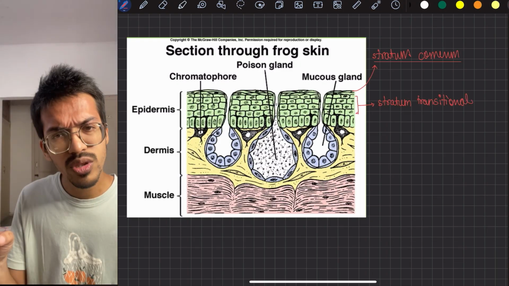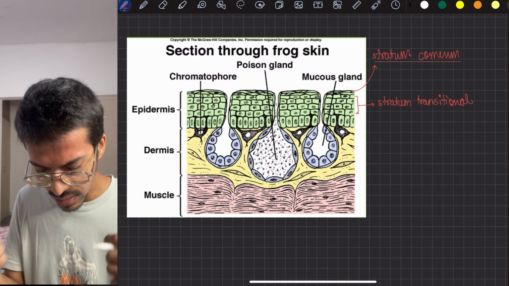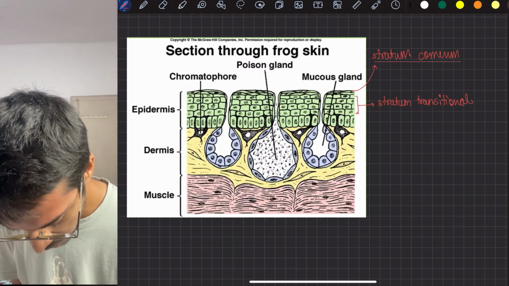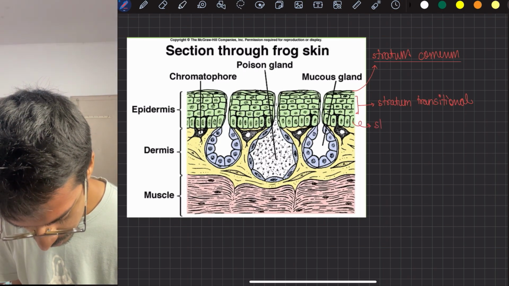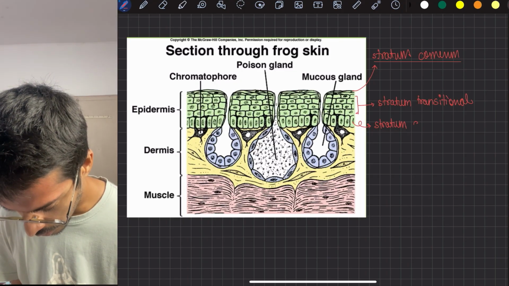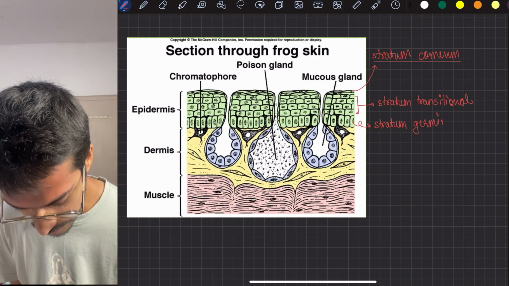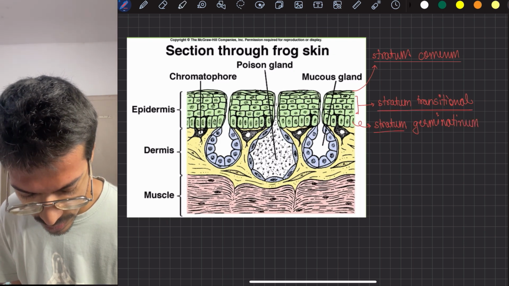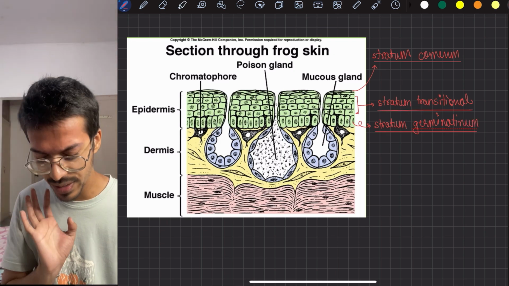Then the lowermost layer, very different in cells, has a different name: stratum germinativum. So these three names are there in the epidermis.